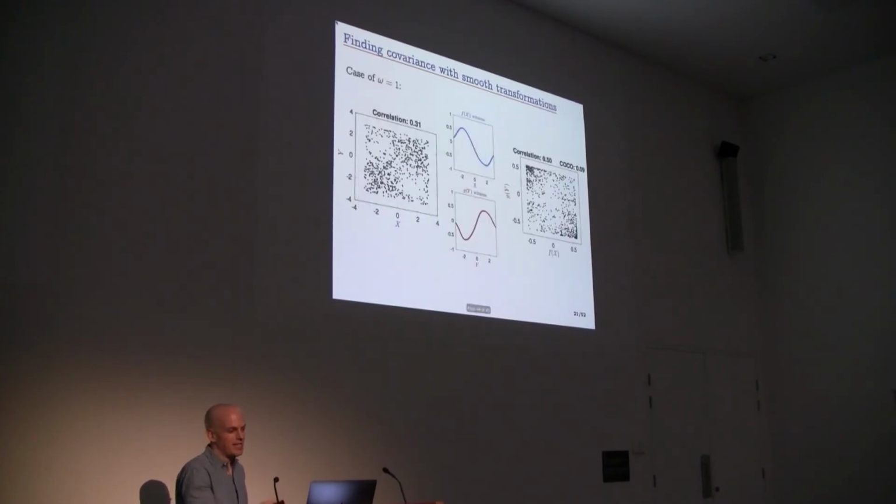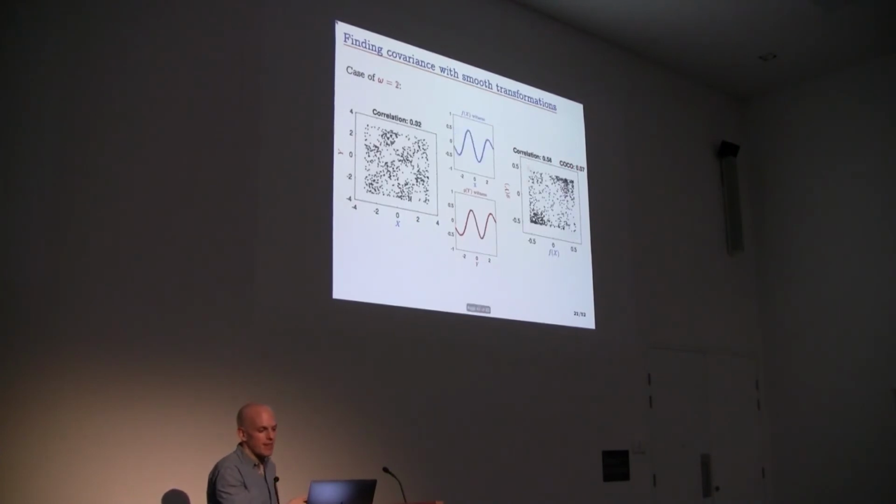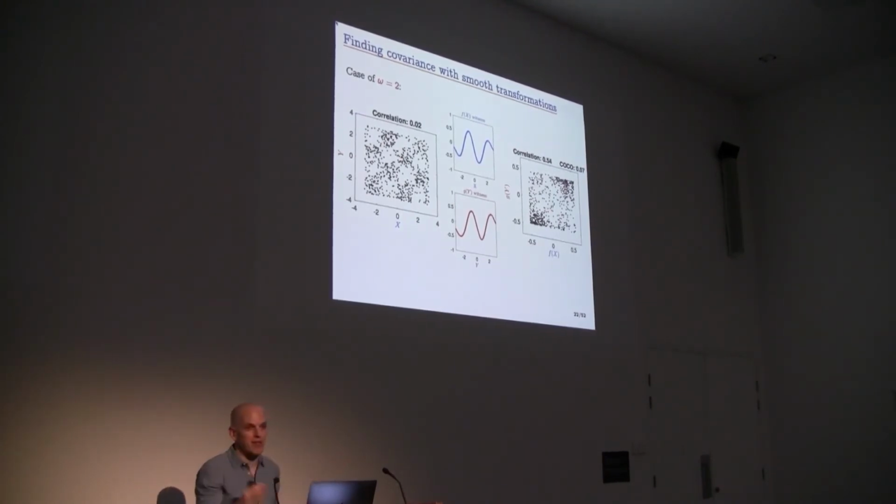So let's start with frequency 1. Here are my witness functions, and you can see they sort of push the points up into the corners. Here the constraint covariance is 0.09. Next case, you see I've doubled the frequency of the oscillation of my witness function. Again, it pushes the points into the corners, but the constraint covariance is a little lower, 0.07.